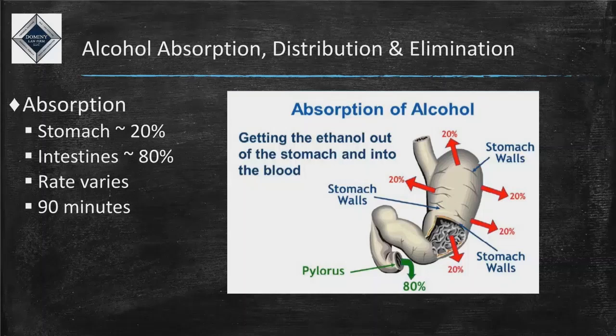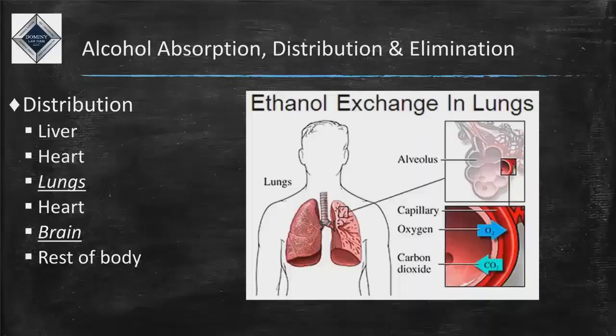Scientists will generally tell you that it takes about 90 minutes from the last drink for the alcohol to be fully absorbed into the bloodstream. There are certainly some outliers that take longer, but that is what's generally considered the absorption time, in forensic science at least.